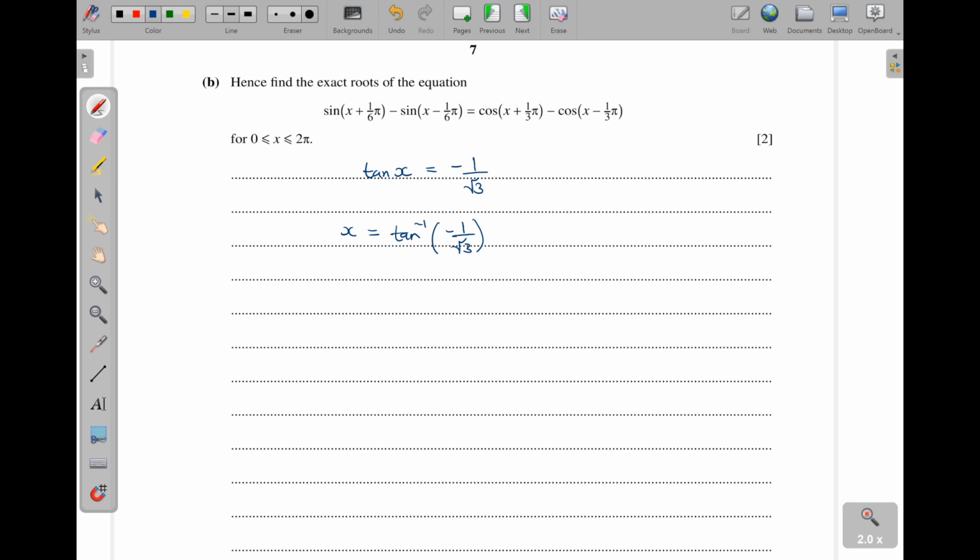When you put this one in the calculator, it is going to give you a negative answer. It's negative 30 degrees or pi over 6. But remember, the domain given here is from 0 to 2 pi. So I'm going to consider quadrants where tan is negative. A, S, T, C. Tan is negative here in the fourth quadrant and also here.